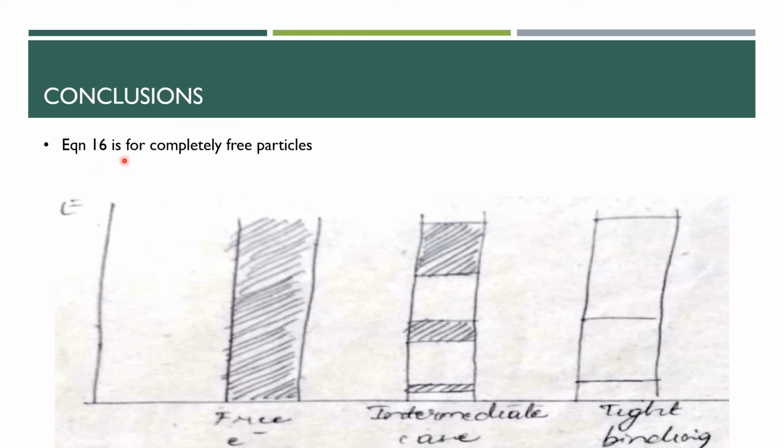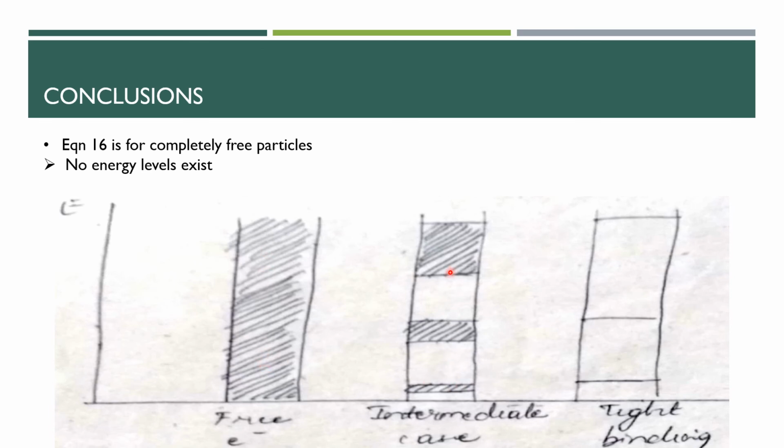So equation 16 is for completely free particles. Here no energy levels exist. That is shown in this diagram. Equation 16 represents this, where there are no energy levels existing.